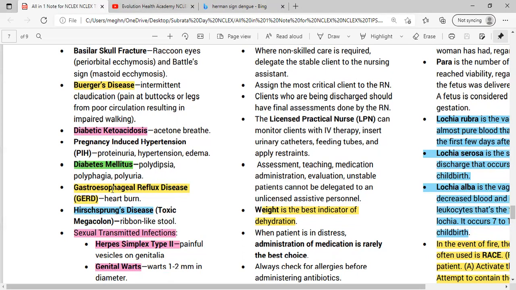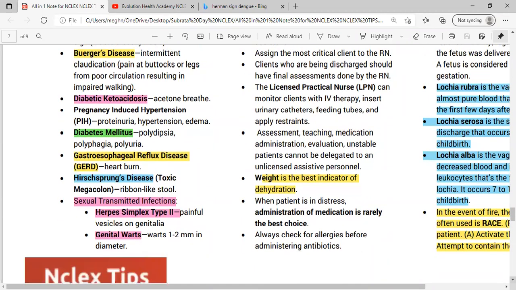In gastroesophageal reflux disease, shortly called GERD, the patient complains of heartburn. In Hirschsprung's disease or toxic megacolon, we find ribbon-like stool, a pediatric GI problem. In sexually transmitted infections, herpes simplex type 2 causes painful vesicles on the genitalia.